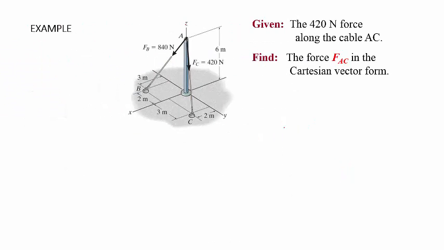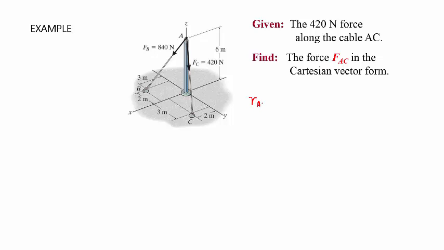So for example, let's say that you have this problem, the 420 Newton force along cable AC, and it's going in that direction. You know that direction, so you need to get the force vector, because especially in 3D, we need to work with the vectors. So the first thing you need to do is to look for the position vector in the direction of the force.